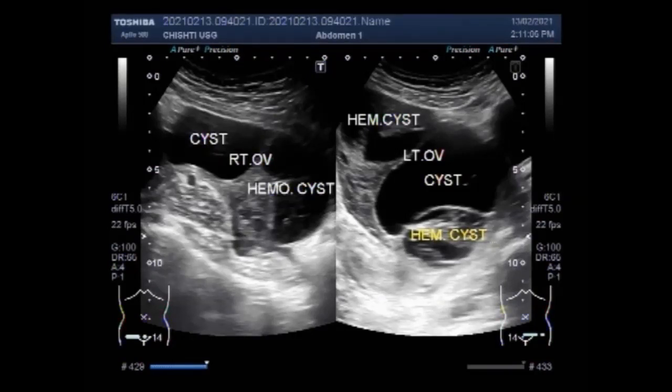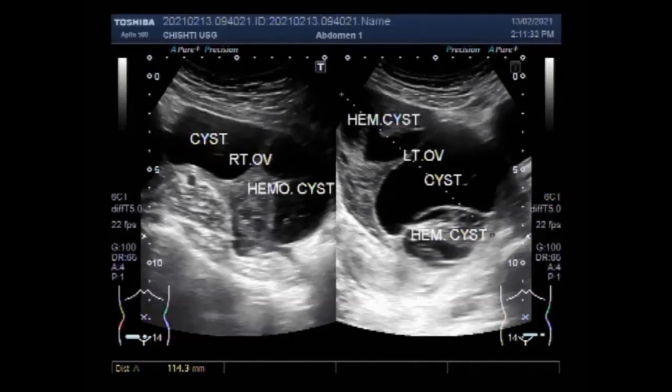Now having a hemorrhagic ovarian cyst is not necessarily a problem. Many times these cysts do not cause symptoms and are often found during a pelvic examination that is done for another reason. If the cyst is small or medium size and it is not causing any pain or other symptoms, then your doctor likely will recommend monitoring it.